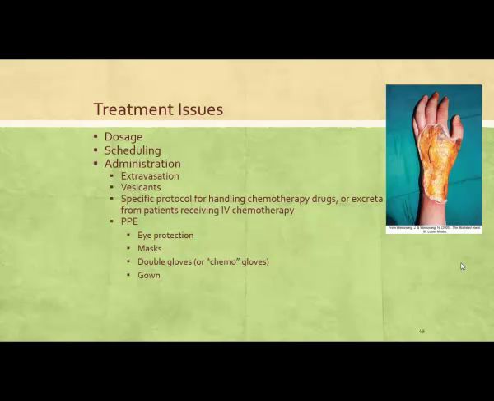When we think about scheduling, it's on a regular basis, and we want to allow normal cells time to recover from injury, but we don't want to give so much time that cancer cells can recover. So typically we see a treatment every 3 to 4 weeks, and then we use that for a specific period of time. A lot of that is going to depend on your doubling time and mitotic index.